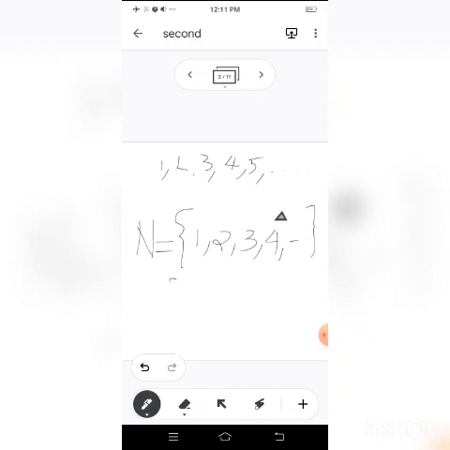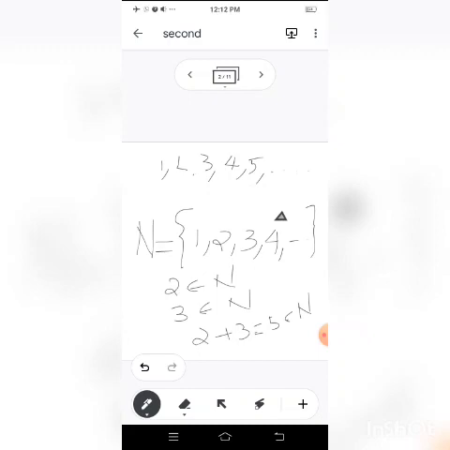For example, 2 belongs to the natural numbers, 3 belongs to the natural numbers. Then 2 plus 3 equals 5, and that also belongs to the natural numbers N. So addition is perfectly done in natural numbers.